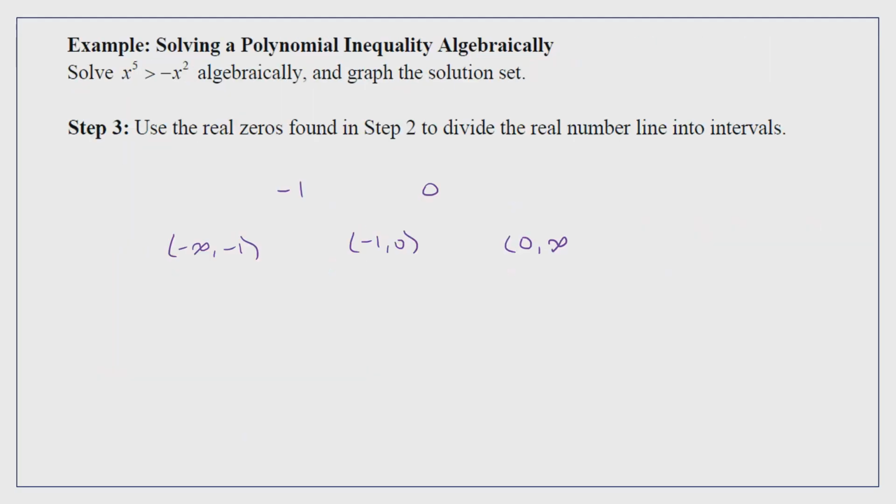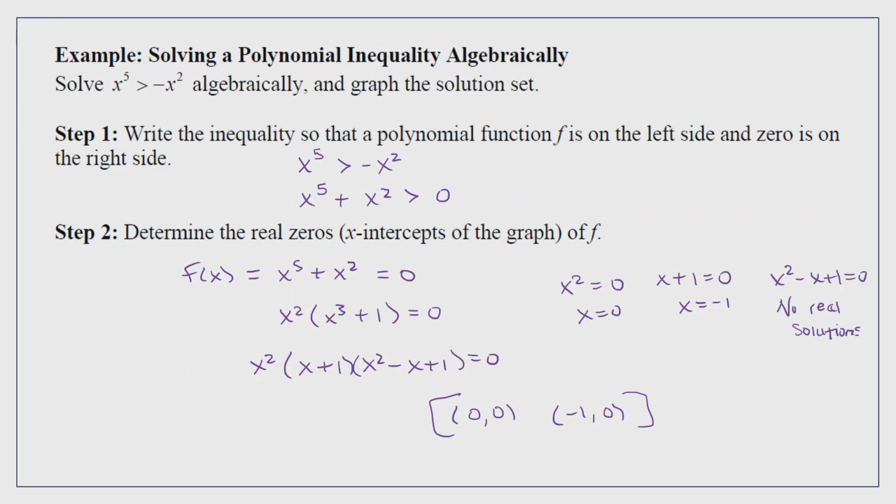So in our equation here, let's go back. When we factored and we got our x squared and our x plus 1 factors, we see x squared has a power of 2, meaning it has an even multiplicity, and our x plus 1 has a power of 1, which is an odd multiplicity.